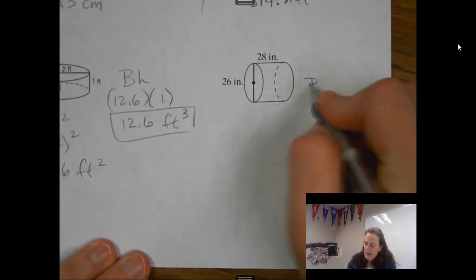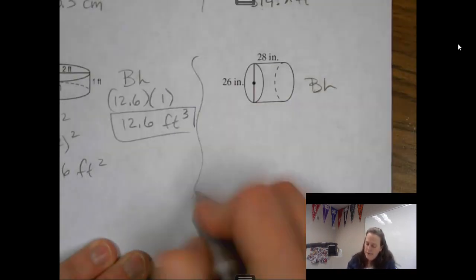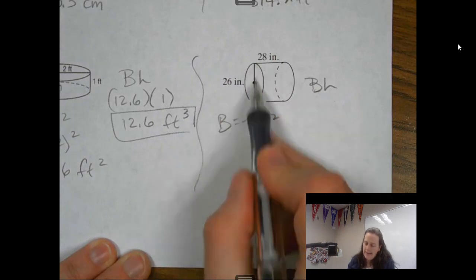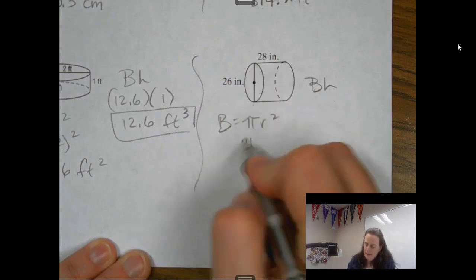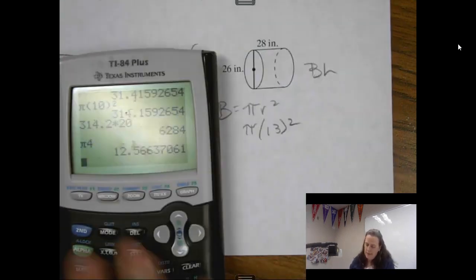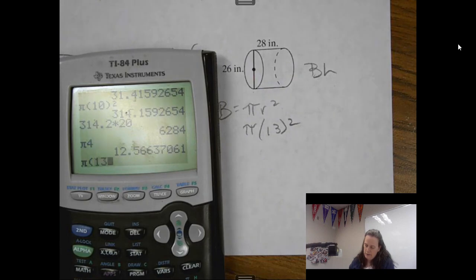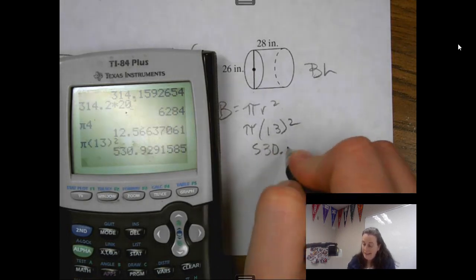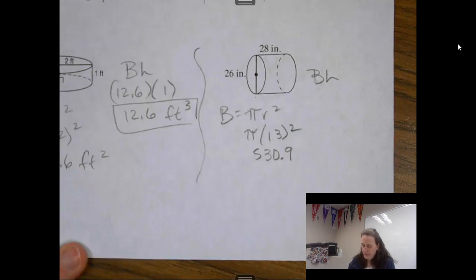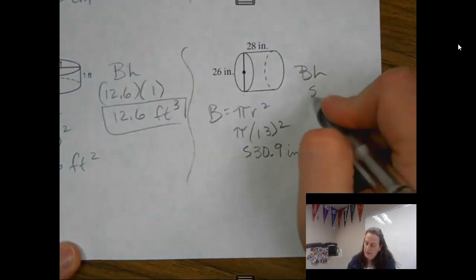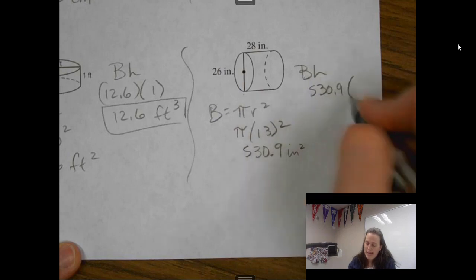Okay. Then this guy, area of this base is, oh, they gave us a diameter. So we'll cut that in half. See what that is. Pi times 13 squared, 530.9 inches squared. Let's put that in here. 530.9 times the height.